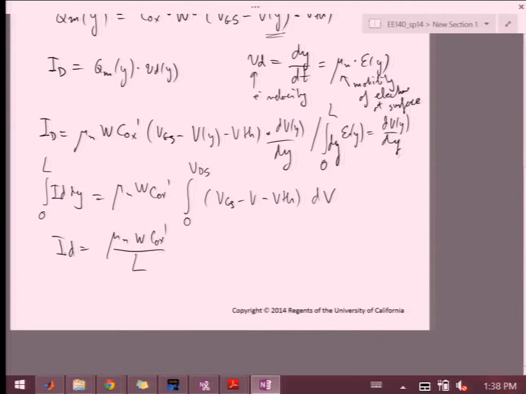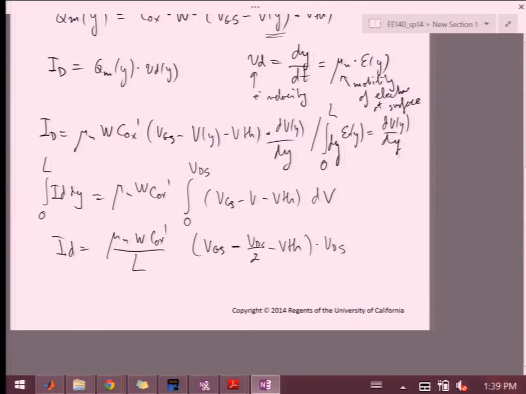And then from here, essentially, we get VGS minus VTH times, okay, let's sort it out nicely. So VGS minus VDS over 2 minus VTH, and then times another VDS.